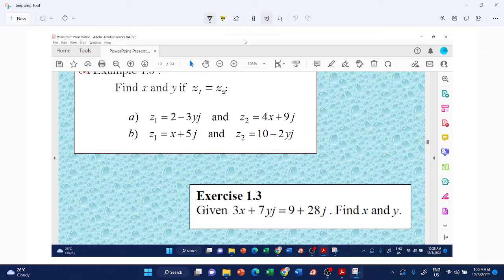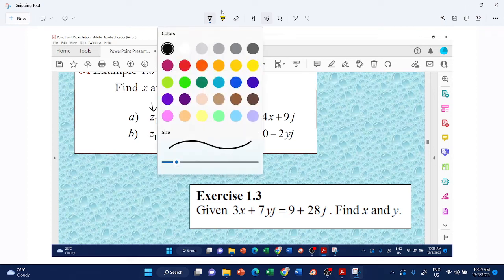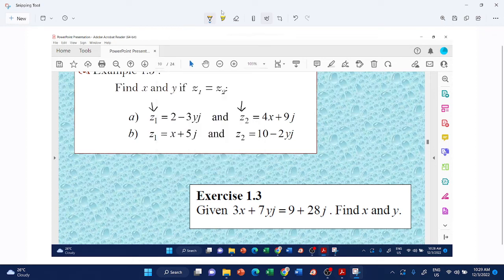Okay, so sini madam akan buat dua contoh. Satu a, so kita ada Z1 dengan Z2. Okay. So madam nak buat operation. Oh, so this one the differential. This is complex.